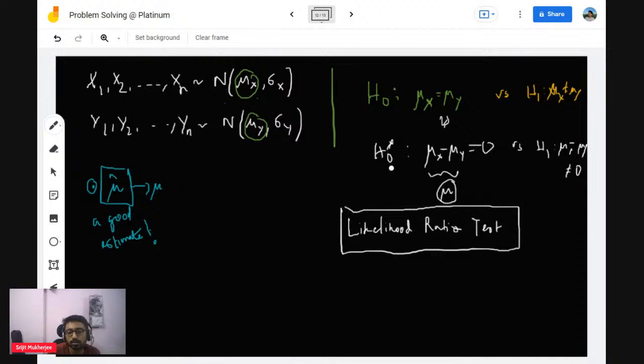The question is: find the likelihood ratio test. Because it's a two-sided test, a UMP test doesn't always exist. So when two-sided tests are there, we usually do the likelihood ratio test, because the uniformly most powerful test doesn't always exist.